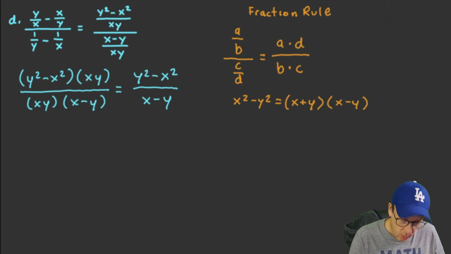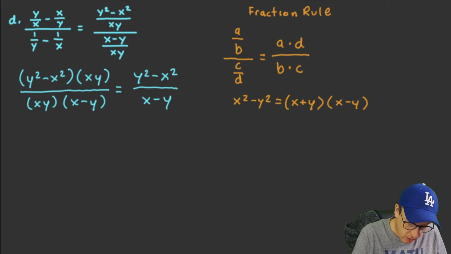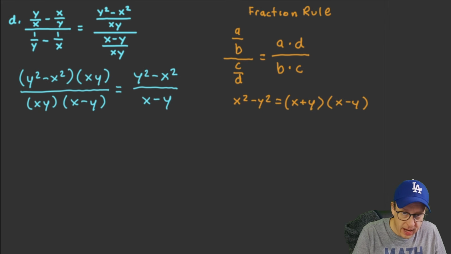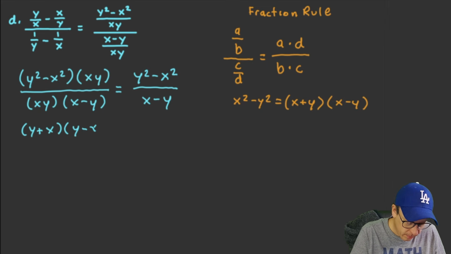And with that knowledge, this is going to then be converted down into, let me see here. Yeah, that's going to convert this down into y plus x and y minus x over x minus y.